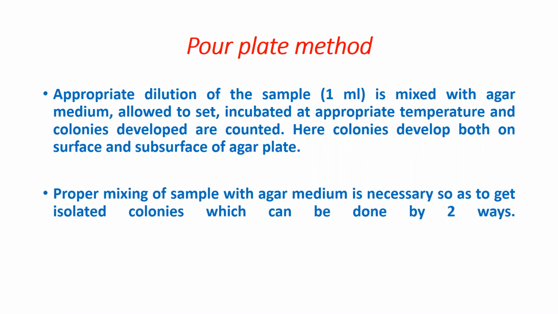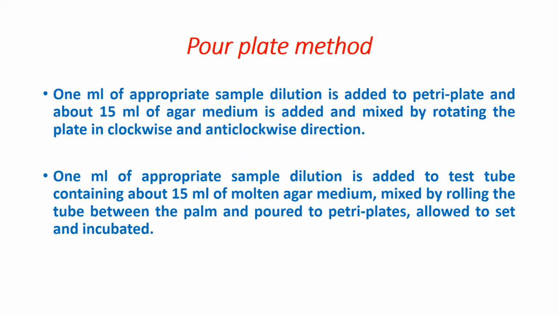In the first process, we take 1 ml of the appropriate sample and put it into an empty sterile Petri plate. Then we pour 15 to 20 ml of molten agar into the Petri plate where the 1 ml sample is, and slowly rotate the Petri plate, either clockwise or anti-clockwise.